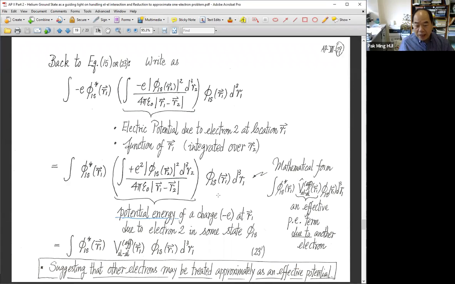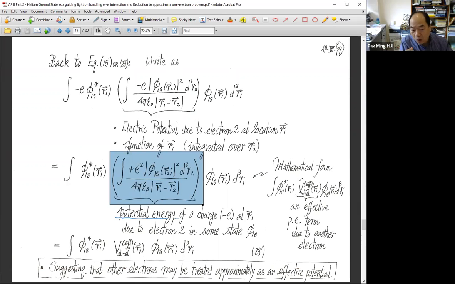So last time we did a first order perturbation calculation for helium atom ground state, pretending that each electron is in something called the 1s atomic state. Then we realized that in the calculation, we have a 6-variable integration. If we first group all the terms regarding one electron, we call it the second electron, say R2. It doesn't matter which one is the first, which one is the second.